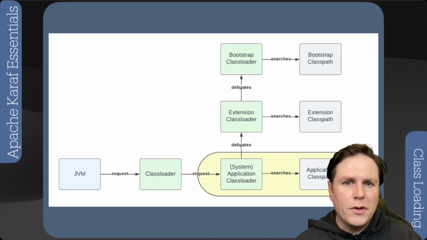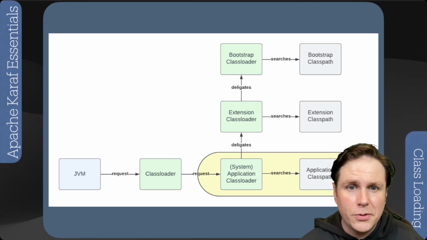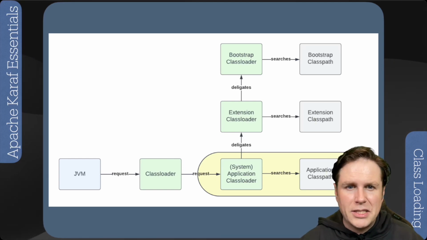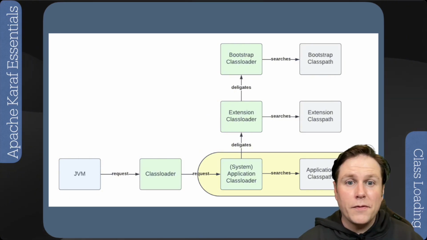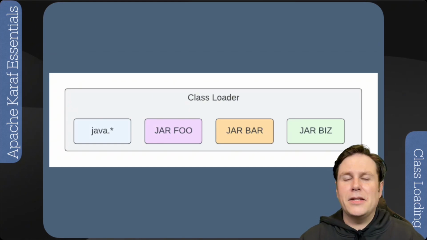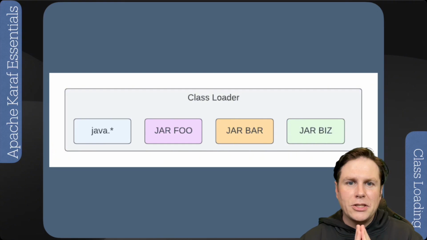The final level of class loading we're going to look at is the system or application class loader. That's the more traditional one that we're mostly familiar with. That's looking at the class path and hey, here's all these jars in a row. We want to get an object coming from one of those. Pretty straightforward.